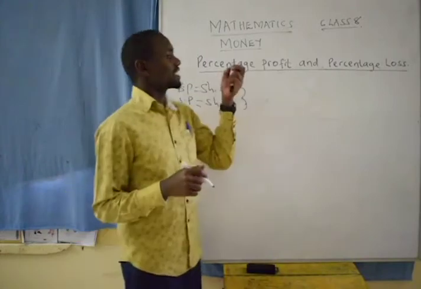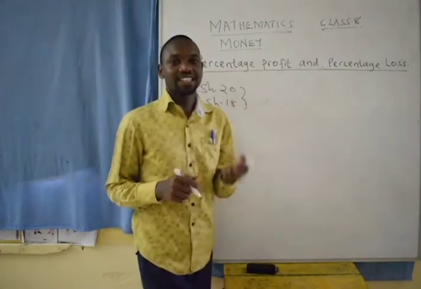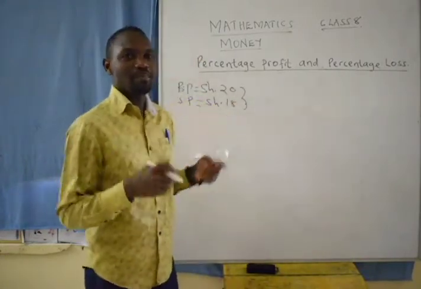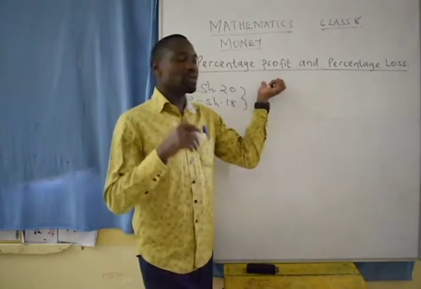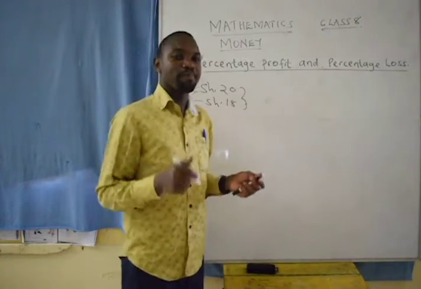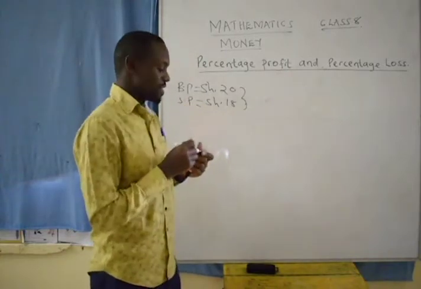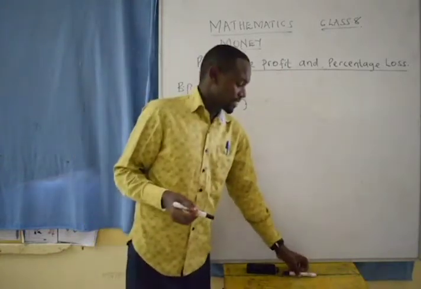So loss is incurred when you sell an item at a lower price than the buying price, whereas profit is whereby you sell an item at a higher price than the amount of money you bought the item.